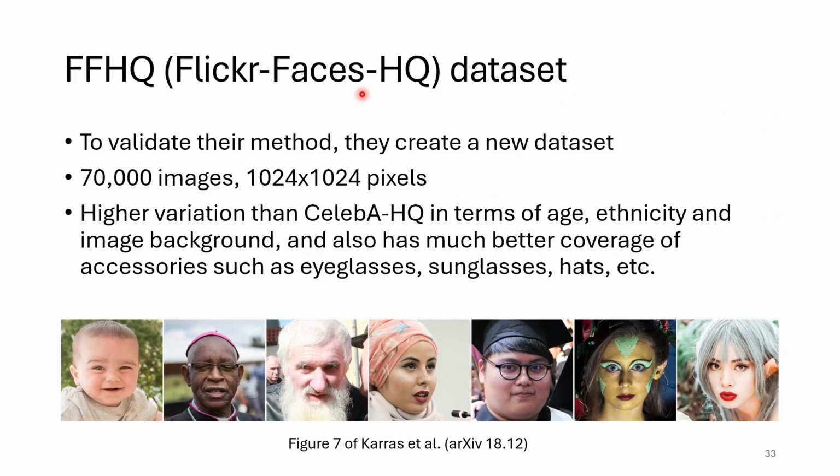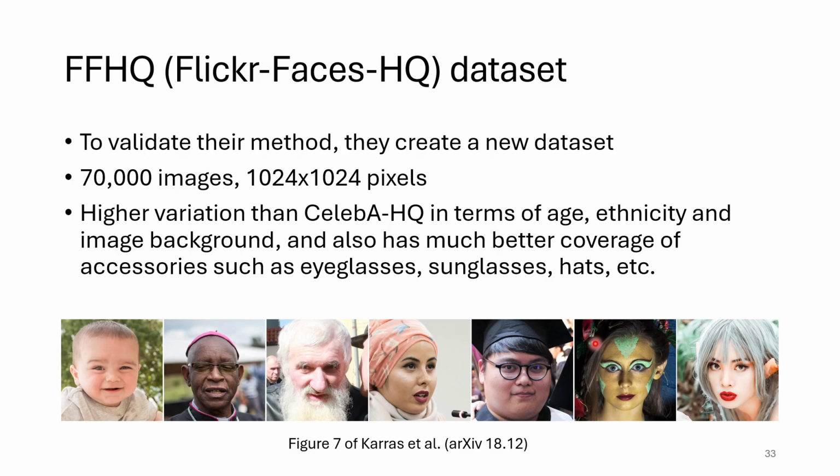They grab images from Flickr. So you can see this is a baby. This is a Black, I think, African priest or something. The very old, a Muslim, and some Asians with makeup on their faces.